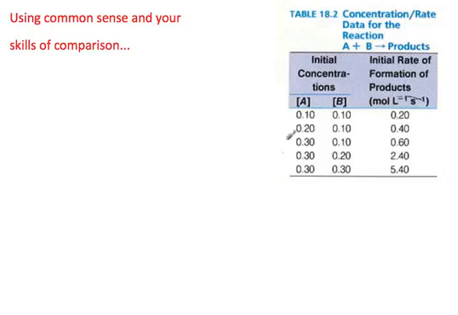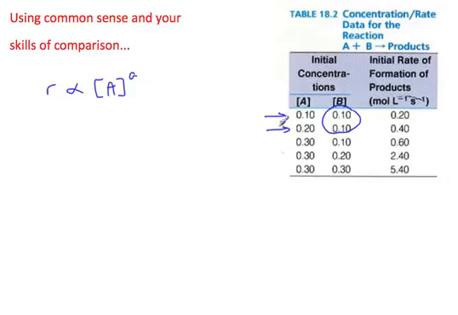We're going to look at the effects of changing the concentration of A first. So there's experiments 1 and 2. Notice that B is held constant. What we're looking at here is that rate is proportional to, as we've mentioned before, the initial concentration of reactants, so in this case A raised to some exponent a, and we're trying to find a.